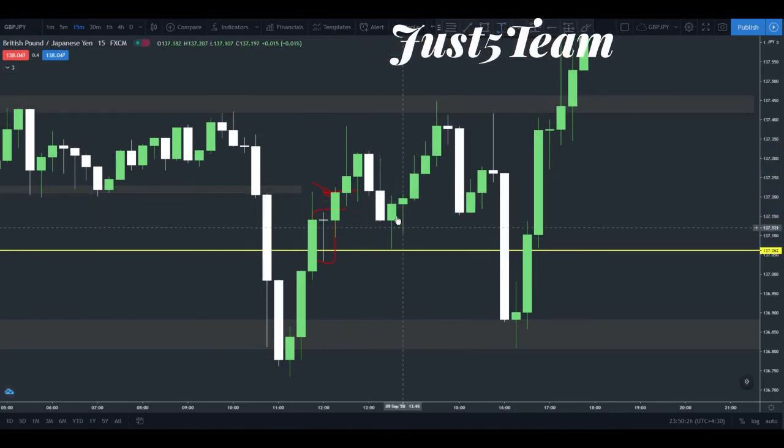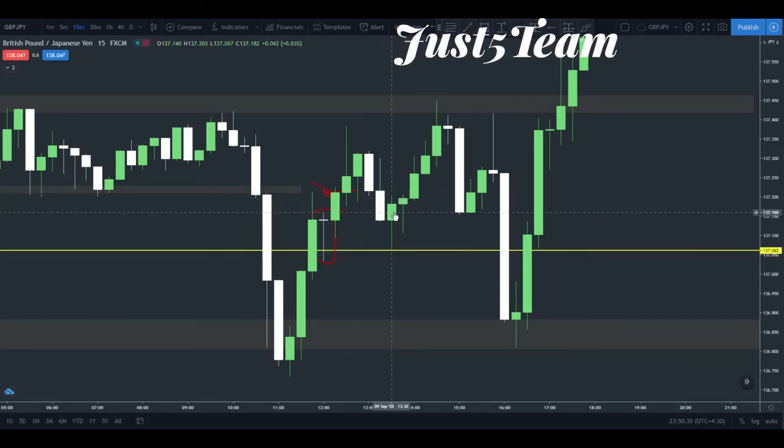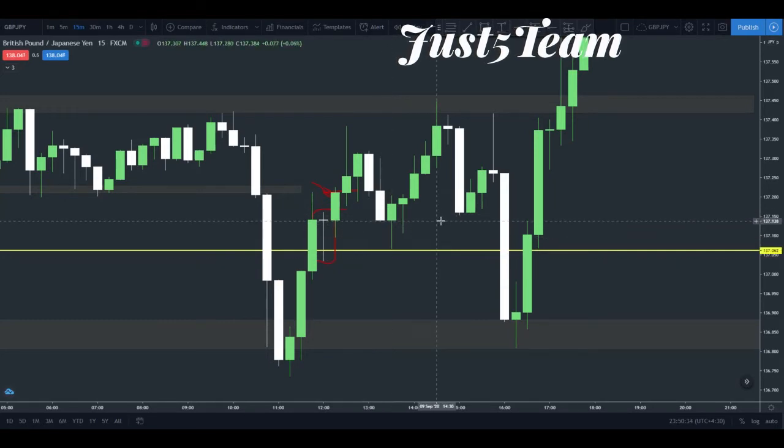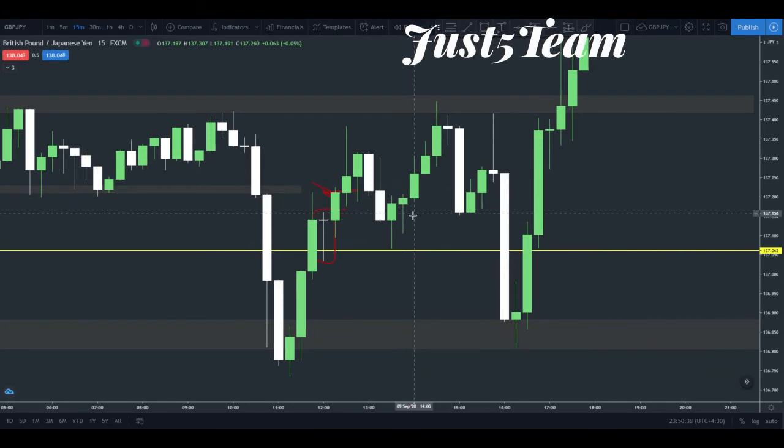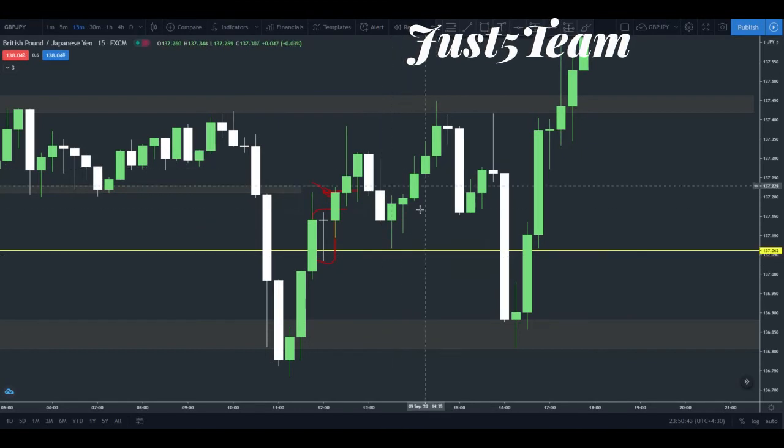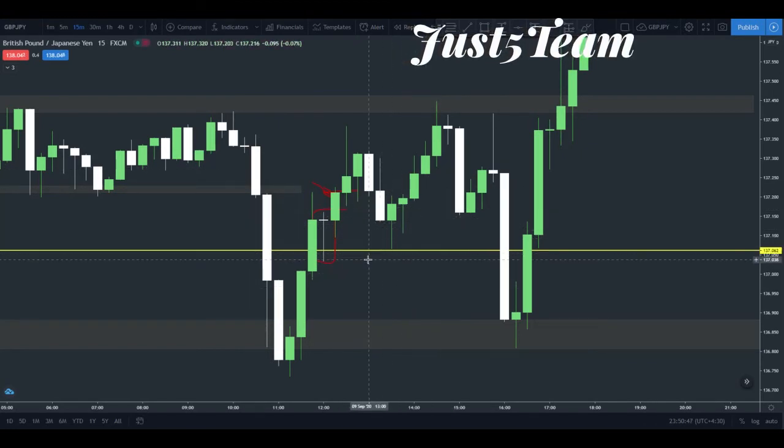It just came back like a pin bar with a good body. When we have a pin bar, I always wait to see the formation of the next candle. Do you see this next candle is showing me a higher low?